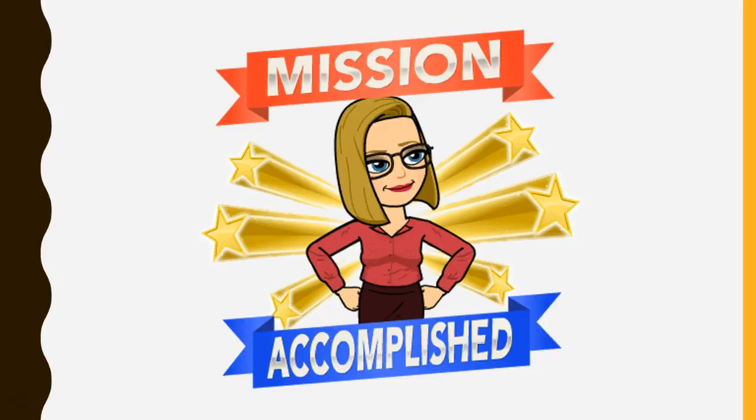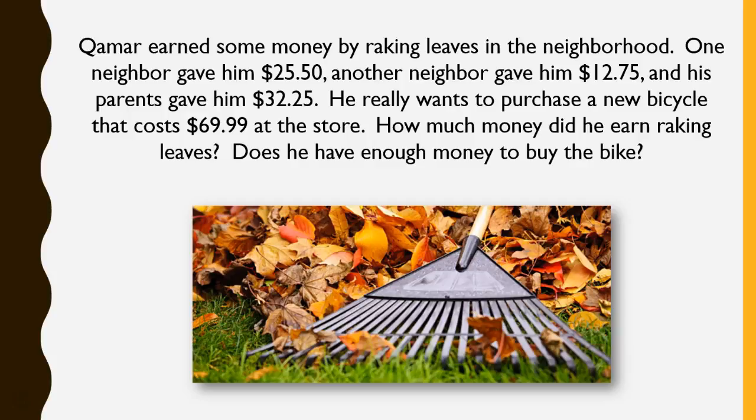All right, now you get to try one, and I'm going to have you try this one by yourself. Let's read it together first. Our friend Kamar earned some money by raking leaves in the neighborhood. One neighbor gave him $25.50. Another neighbor gave him $12.75. And his parents gave him $32.25.